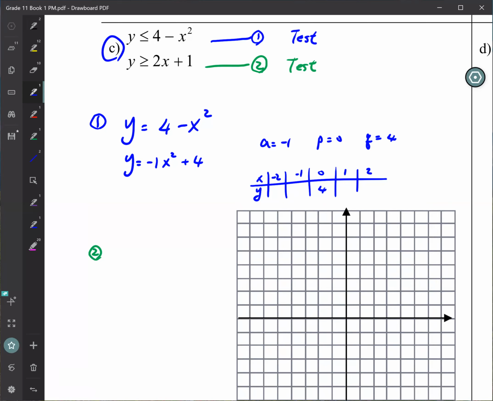Please raise your hand when you finish the table. Okay, half the class got the table. How about the rest of you? Almost done.